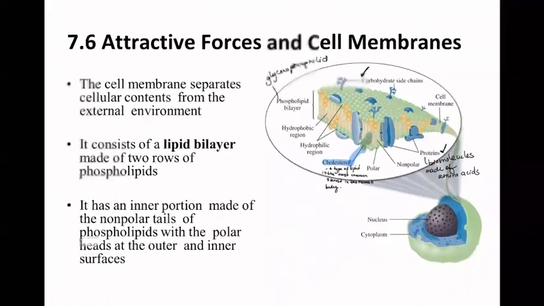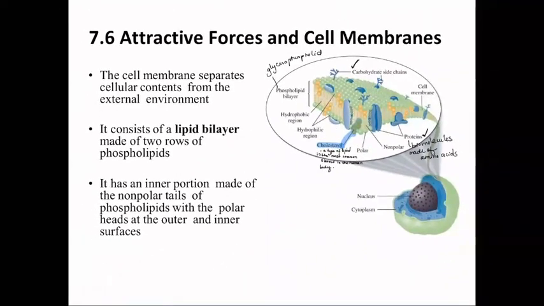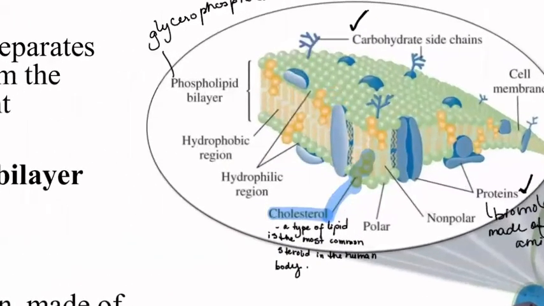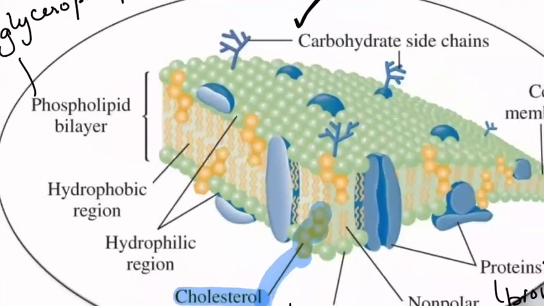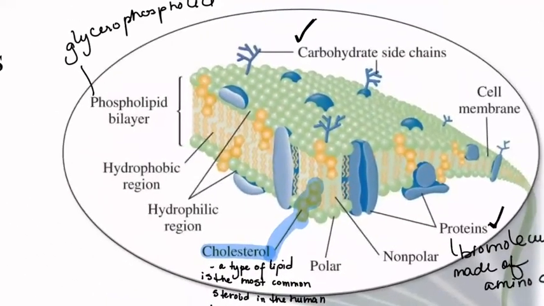Now, whenever we have to think about attractive forces in the cell membrane, understand that when we rationalize the attractive forces that are present here, and if we go back and focus into the different components, because in the middle of your cell membrane, there's going to be hydrophobic areas.